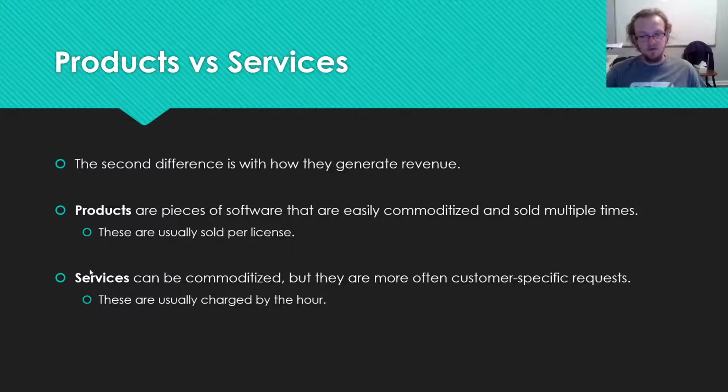There are more complex ways of building services, but the idea is that products are really widgets, while services are not necessarily tangible pieces of software. They're customized pieces of software that perform a very niche thing.